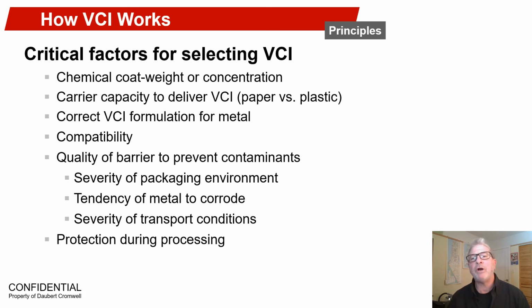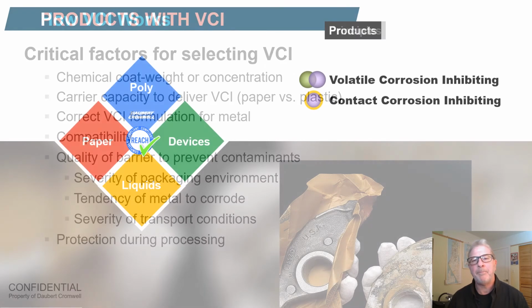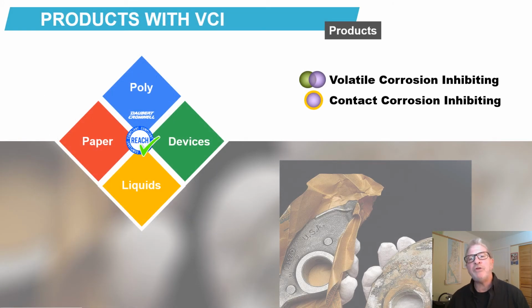There are many critical factors to selecting VCIs. Some are listed here. While we don't have time to go over all of them in this short presentation, just remember, not all VCIs are the same. For this presentation, we focus on packaging materials that incorporate VCI.